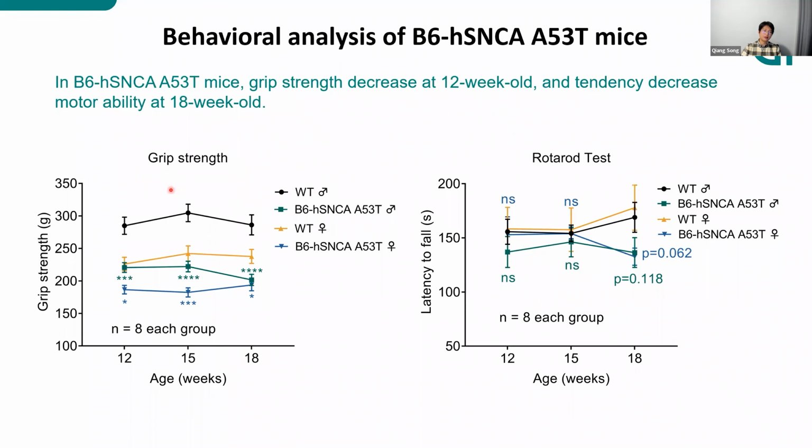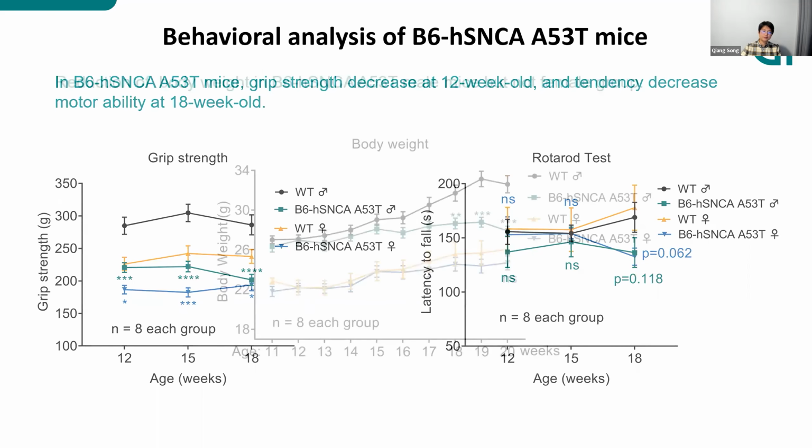We use the grip strength and the rotarod test to document the motor ability of our SNCA A53T mouse. The grip strength test clearly shows that both the female and male groups have decreased grip strength at 22 weeks old, and have a tendency toward decreased motor ability at 18 weeks old.